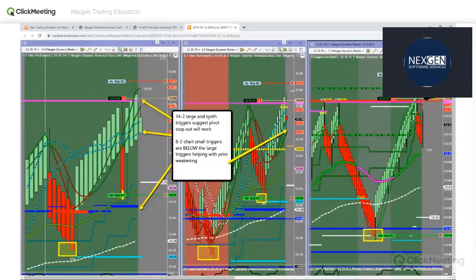It doesn't always work, but the idea is that you're going to get back to the synthetic triggers from the pivot stop out. Everybody okay with that? And again, look, Melby, same look, divergences, pivot stop out, and technically this stop should be lower. And it creates a very teeny tiny little risk.